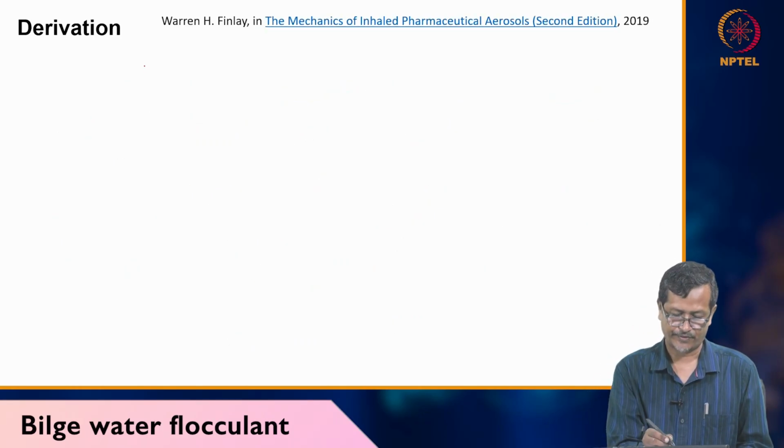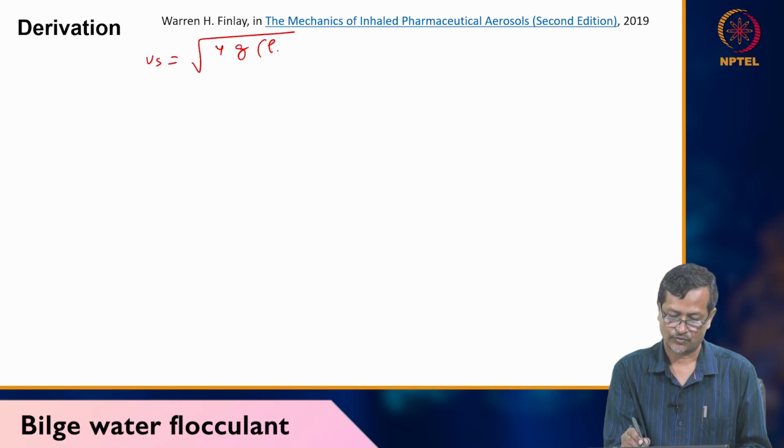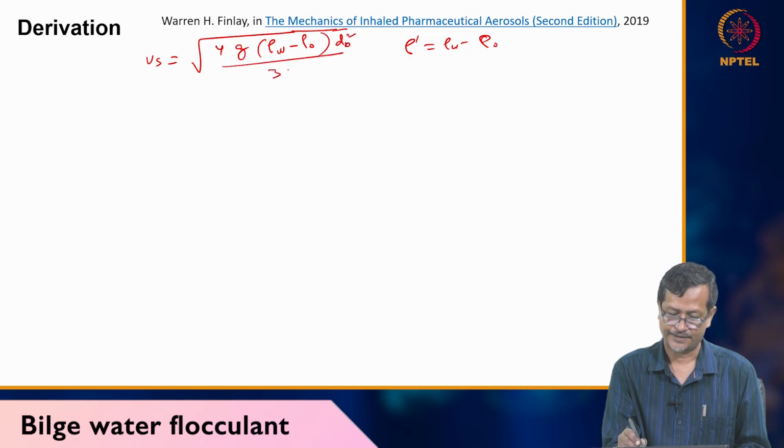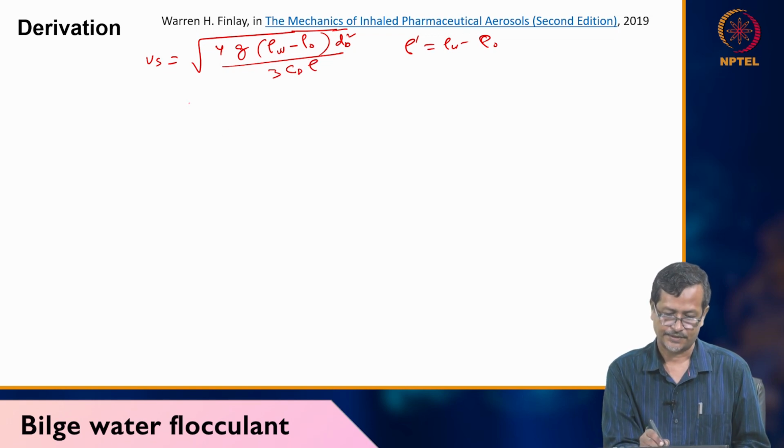Or in simplified form we can derive it like this: Vs equals root over 4g (rho w minus rho oil) d oil square by 3 Cd rho, because rho dash we have written as rho w minus rho oil. So Cd equals 24 by Re.